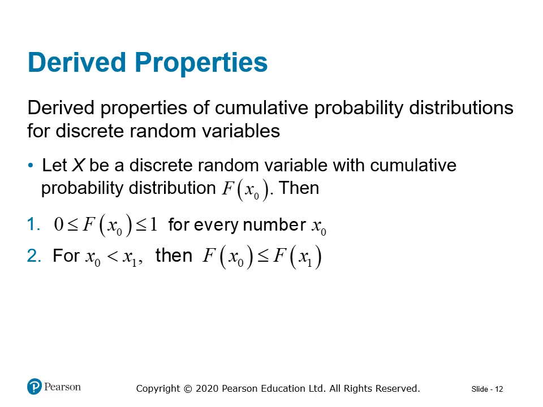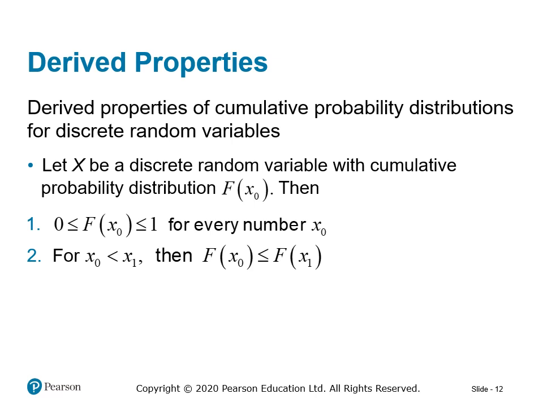So our derived properties of cumulative probability distributions for discrete random variables. I'm going to let x be a discrete random variable with cumulative probability distribution function F of x0. So basically what we did before, but this time with discrete random variables. So F of x0 is going to be between 0 and 1. That means it has to be greater than or equal to 0 and less than or equal to 1 for every number x0.